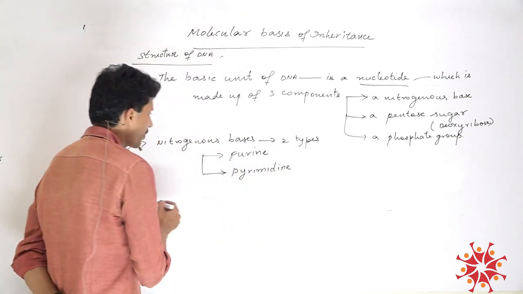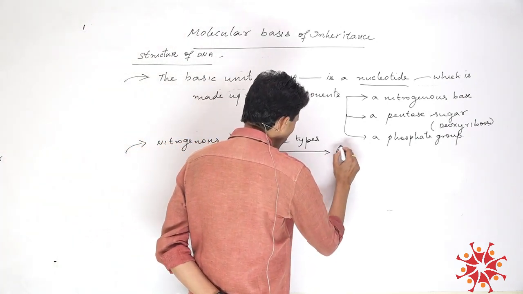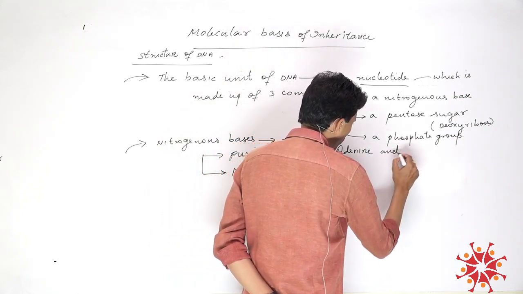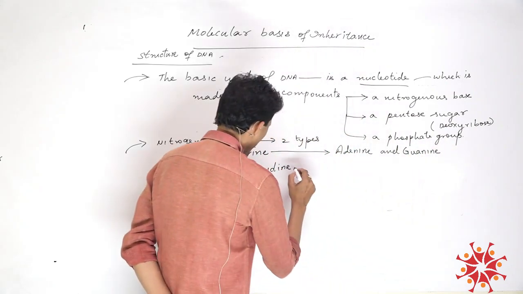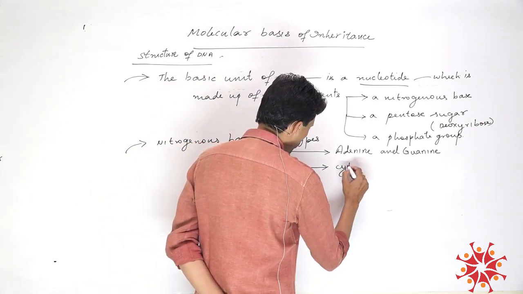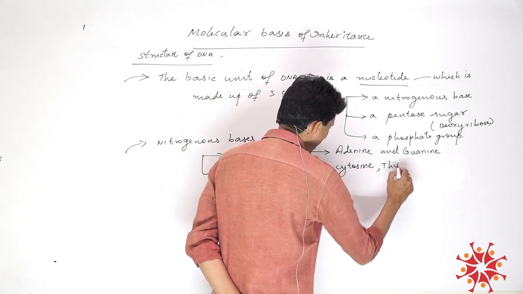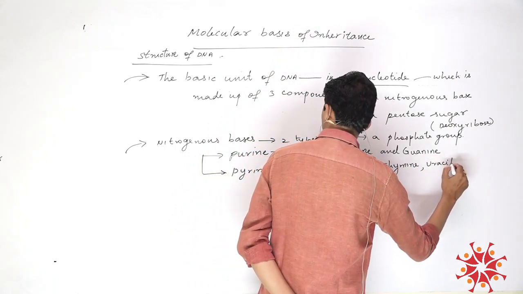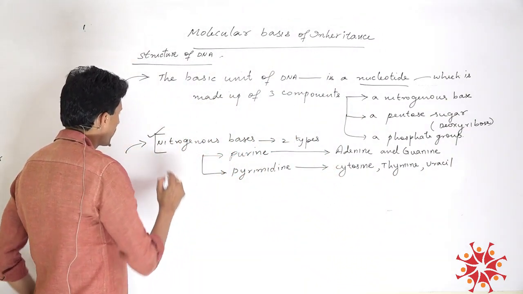So 2 types, purines and pyrimidines. Purines are adenine and guanine. Pyrimidines are cytosine and thymine and uracil. I am saying nitrogenous bases.